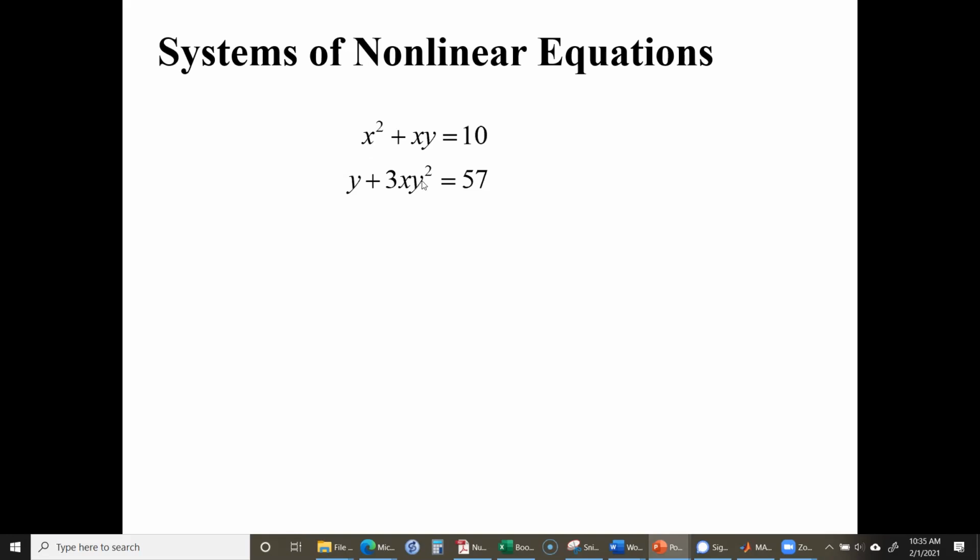So these are multivariable functions, and more than one equation has to be solved.